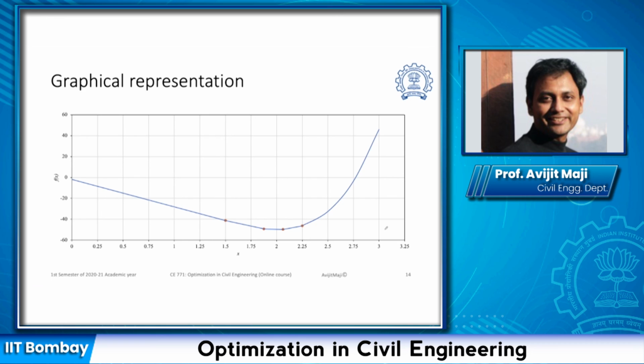In the graphical format, this objective function is represented between the lower boundary 0 and 3. First we are looking into the point which is very close to the midpoint. So we looked into 2 points very close to this midpoint 1.5. We found out that the optimum is not going to lie on the left hand side of this point, so we are eliminating any region on this side.